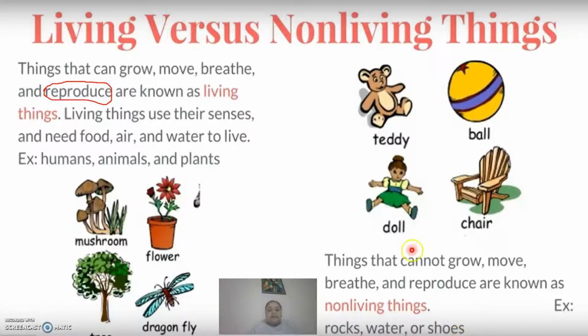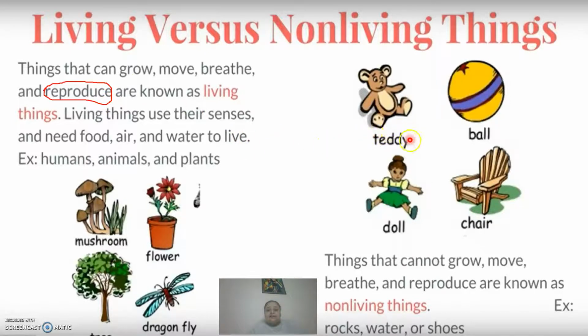Now you can see I have put pictures of certain examples of living things and non-living things here. You can see mushroom, flower, tree, and a dragonfly. They are all living things because they can grow, they can move, they can breathe, and they can reproduce.